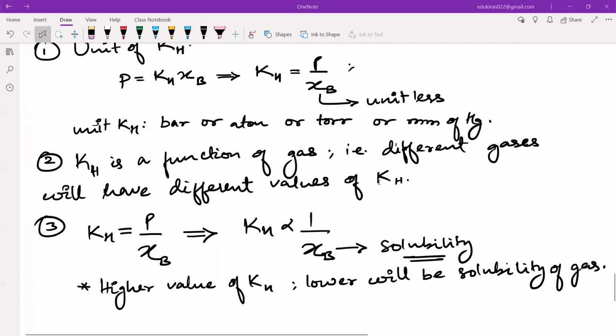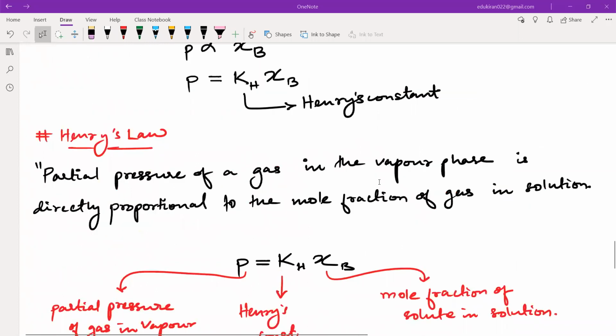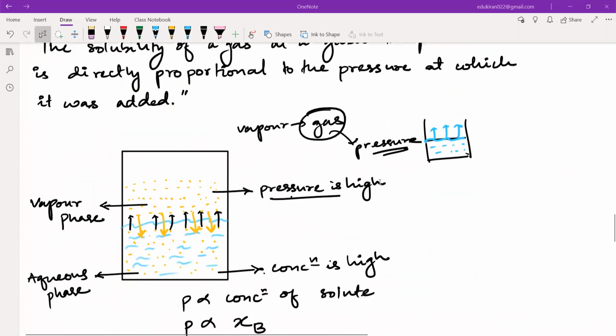But you can say that previously we have talked about temperature initially.